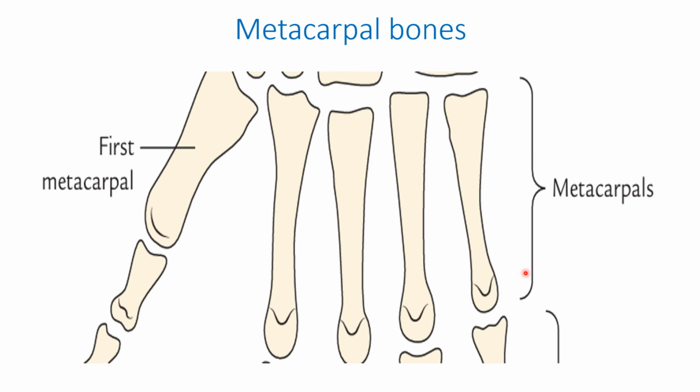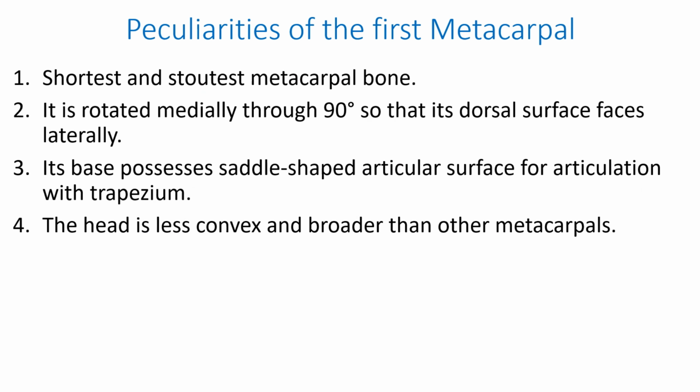Here is a diagrammatic representation of the metacarpal bones. This is the first metacarpal, the second, third, fourth, and the fifth metacarpal. Let's look at the distinguishing features of the first metacarpal. First of all, it is the shortest and the stoutest metacarpal bone, because it has 2 parts, unlike other metacarpals with 3 parts.